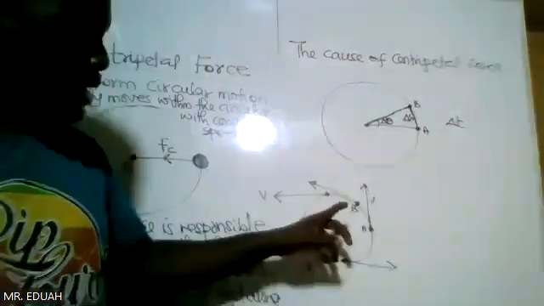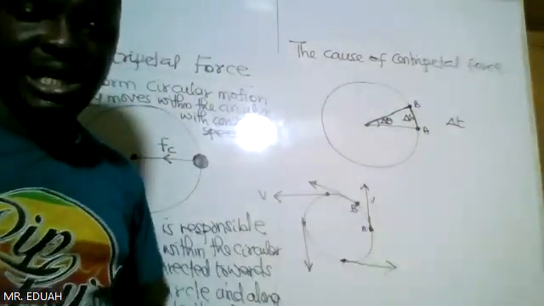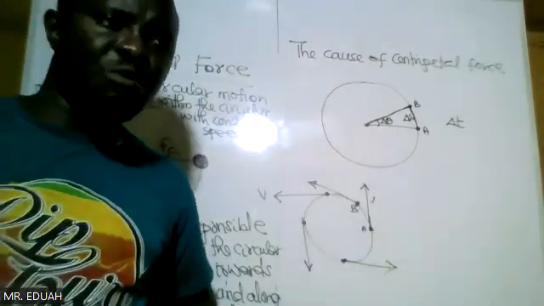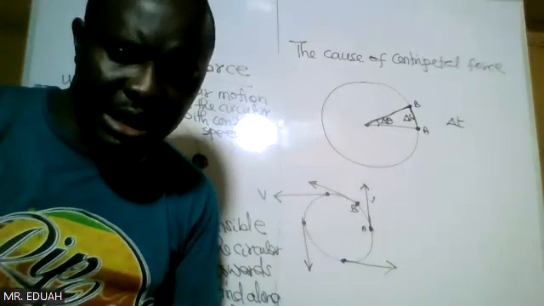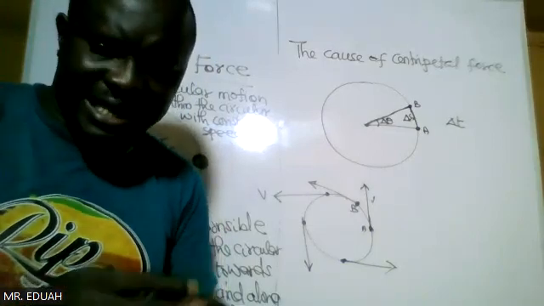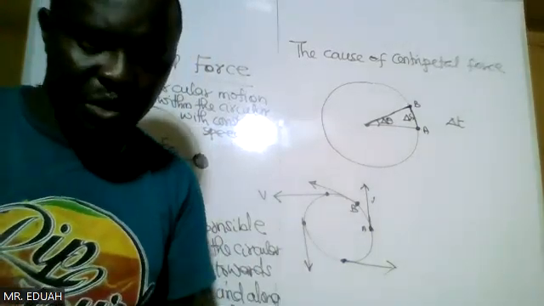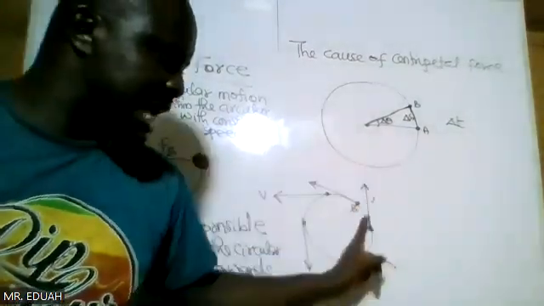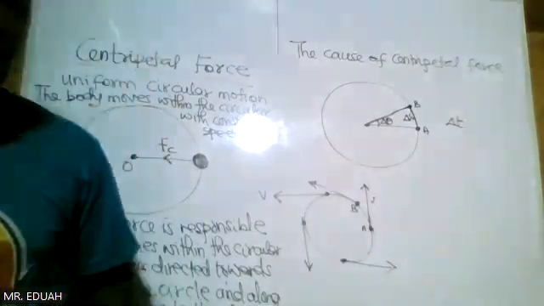So within the points A and B, the direction is changing. Whenever we have a body moving with a constant speed but a changing direction, it will automatically cause the velocities at the points to change. What is velocity?